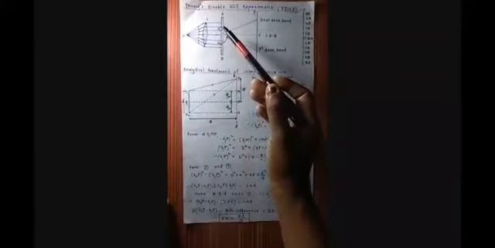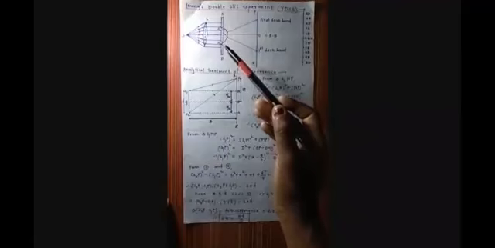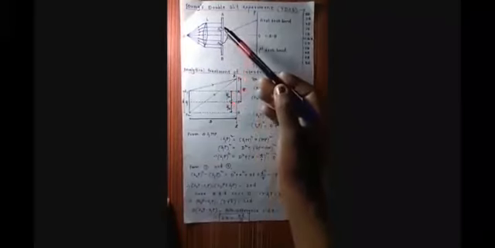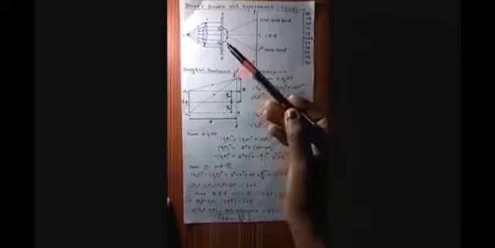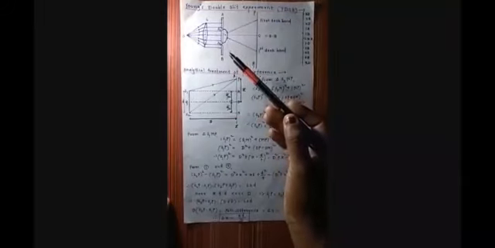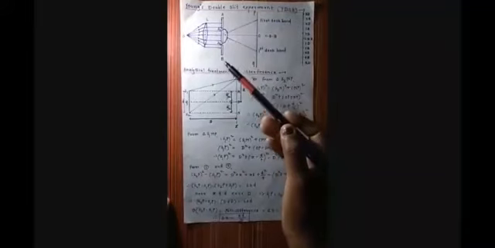It is also called Young's two-slit experiment because in this experiment two slits are used, S1 and S2. These S1 and S2 are the monochromatic coherent sources of light.